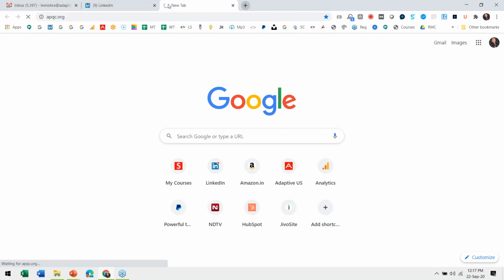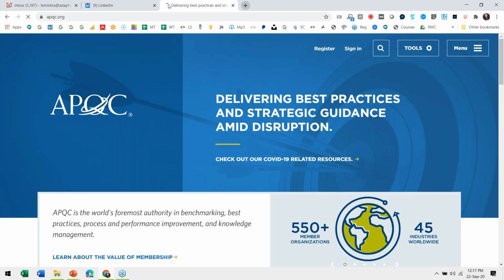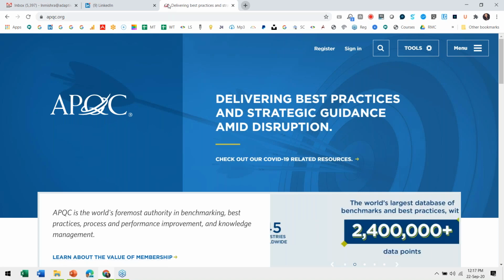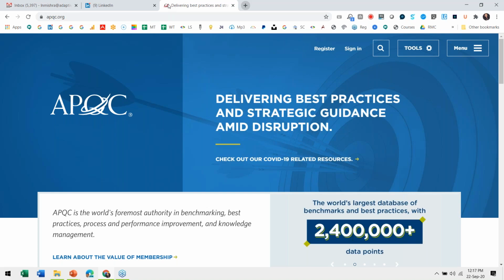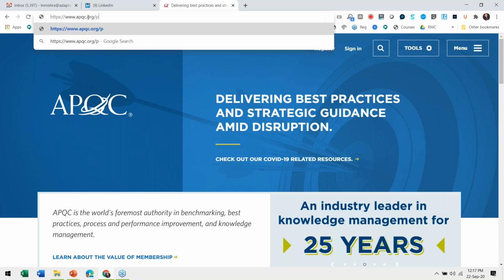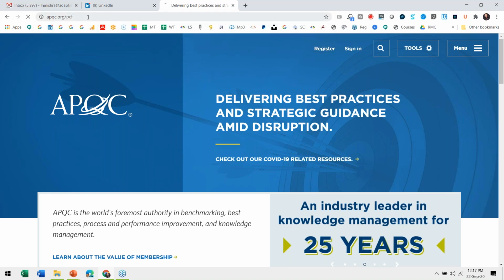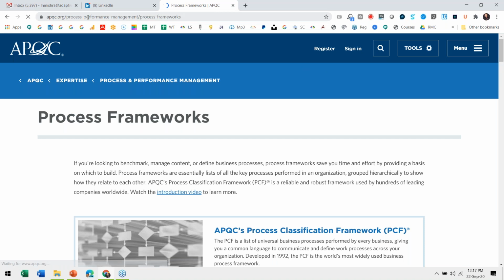I trust IIBA and APQC should form a good partnership, because I believe both are great organizations and both can support each other very well. If you go here, there is something called the Process Classification Framework, PCF. So go to this link called PCF.